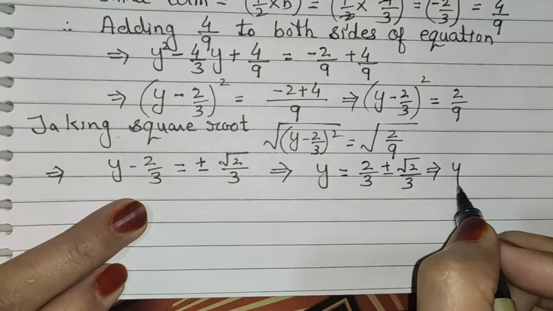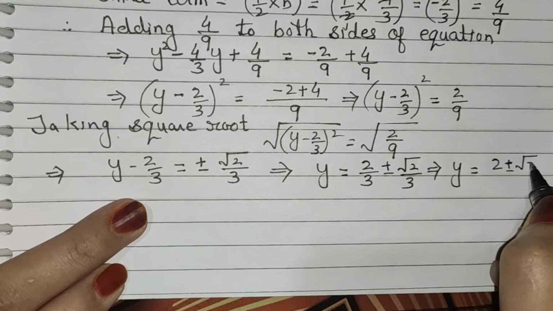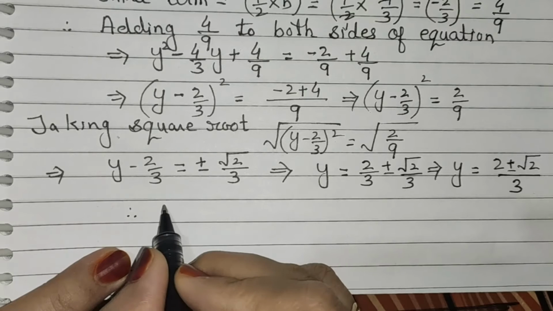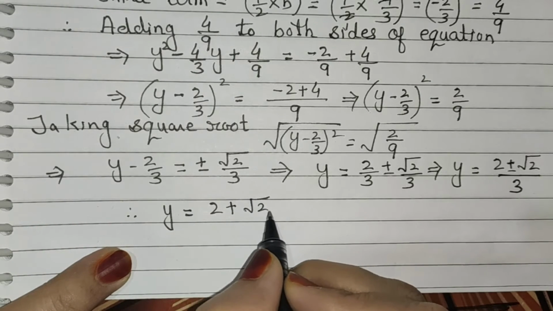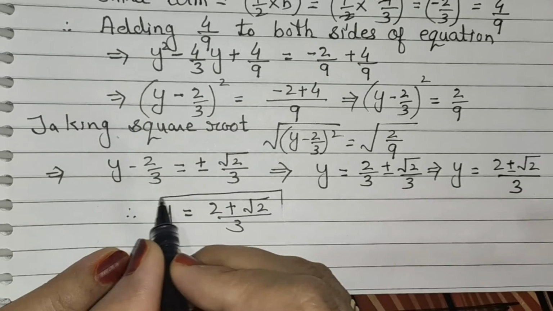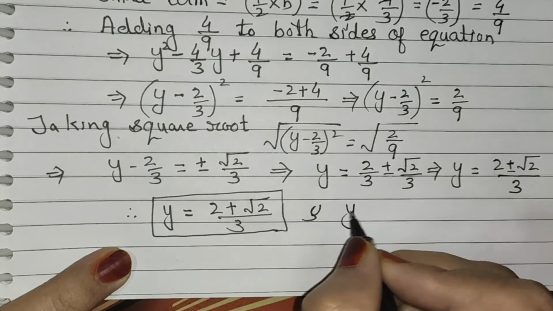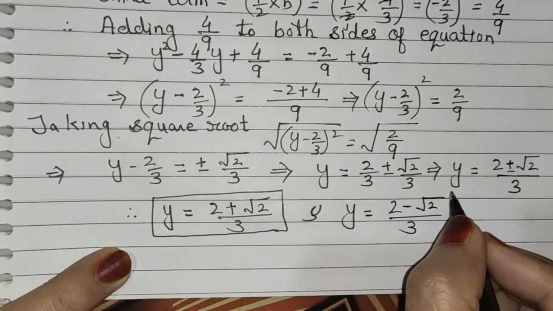Therefore, y is equal to 2 plus minus square root of 2 upon 3. Now we get the value of y is equal to 2 plus root 2 upon 3 and y is equal to 2 minus root 2 upon 3.